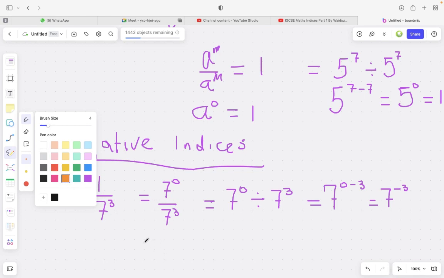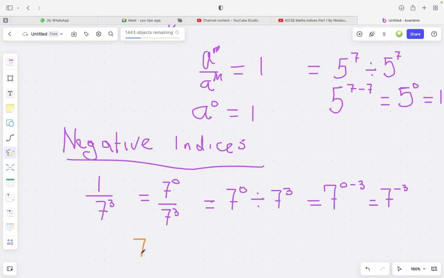It is like this. For example, you have 7 to the power of negative 3. Negative means 1 over. In indices, negative means 1 over. Then you now say 7 to the power of 3. So it is 1 over 7 to the power of 3.